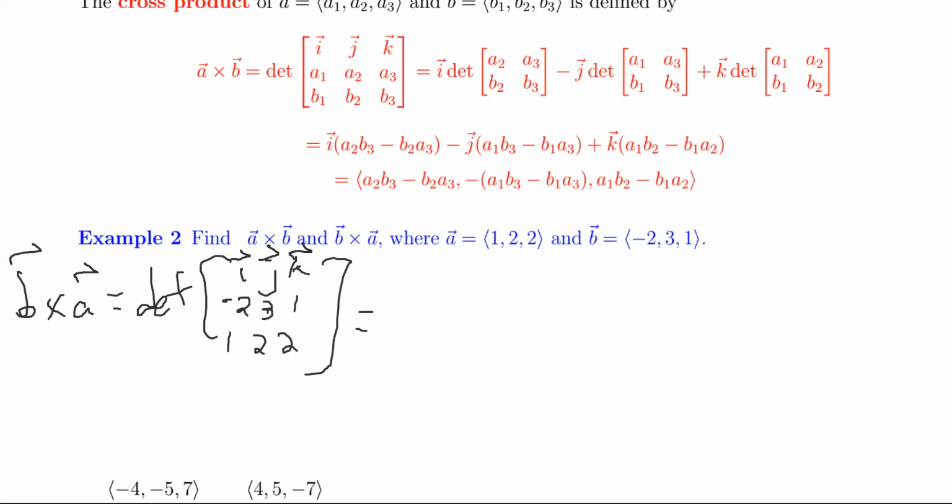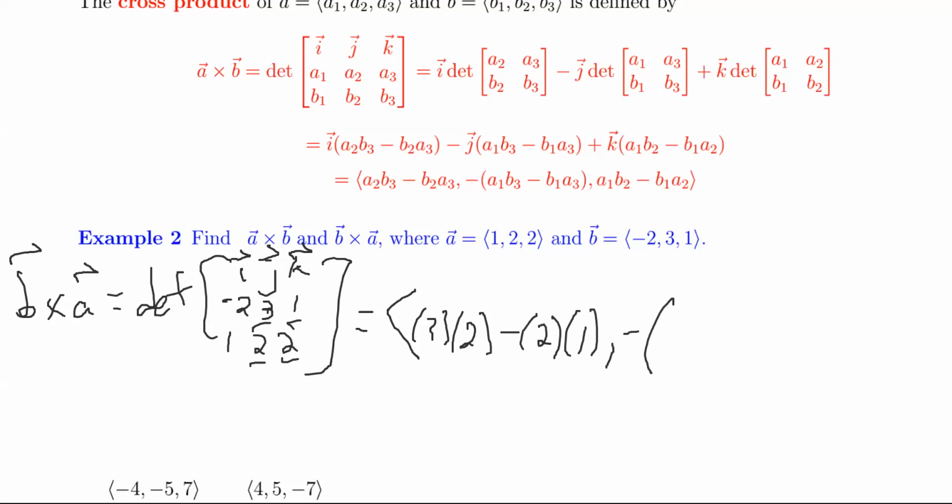Okay, let's do this here. We get A2, B3, so this is 3 times 2, minus B2, A3, 2 times 1, comma, negative.